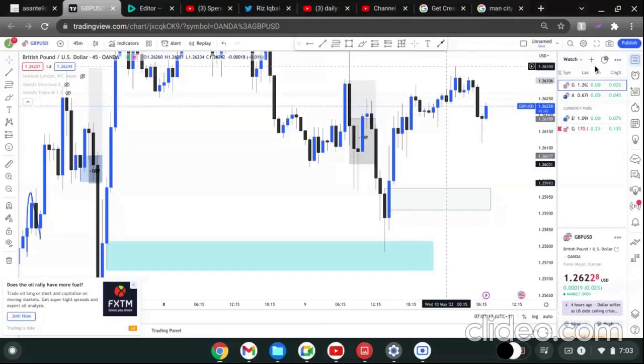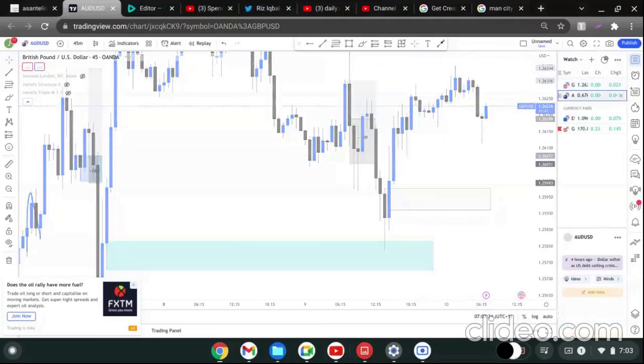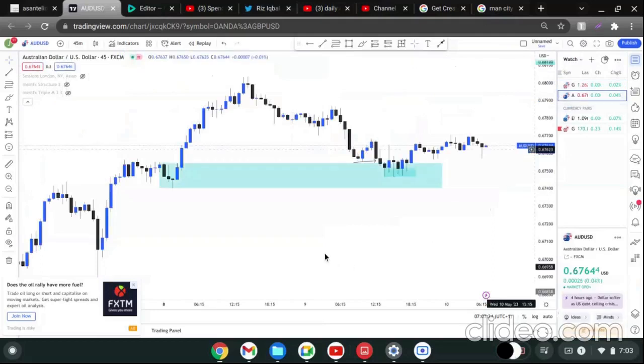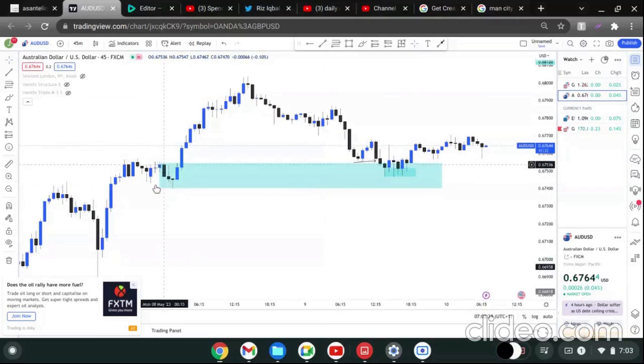But for now, my attention is on AUD USD. On Euro USD, we see this liquidity inducement and an impulsive break to the top side, and you see that retracement back into these zones, which I was looking for buys from yesterday, but I didn't take the trade.